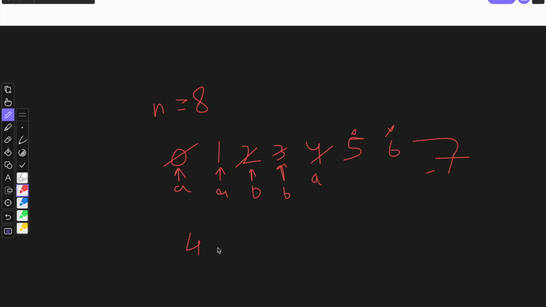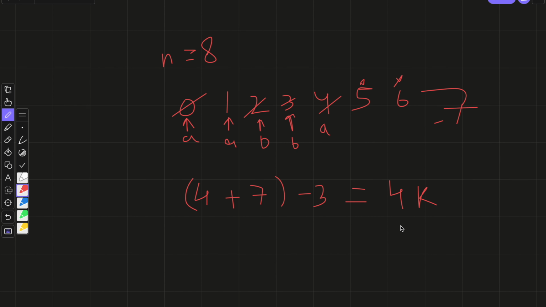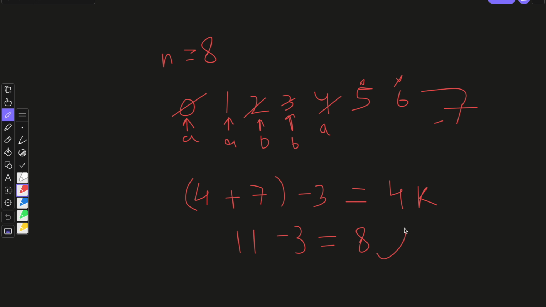So 4 plus 7 minus 3 must be equal to 4k, an integral multiple of 4. Right. So 4 plus 7 is 11, and 11 minus 3 we get 8, and 8 is a multiple of 4, so we can pick this.